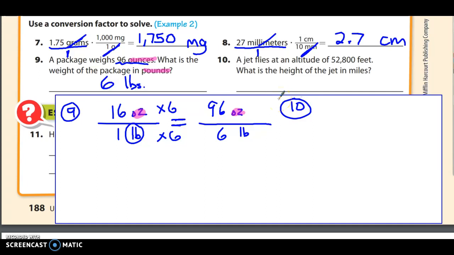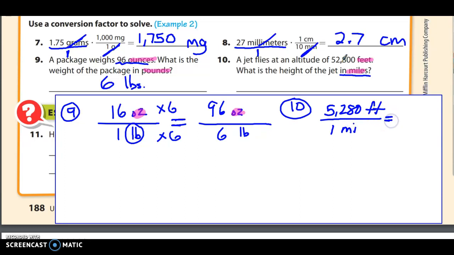Number 10. A jet flies at an altitude of 5,280 feet. What is the height of the jet in miles? So we're going to convert between feet and miles. And on our table on page 186, it says that there are 5,280 feet in 1 mile.